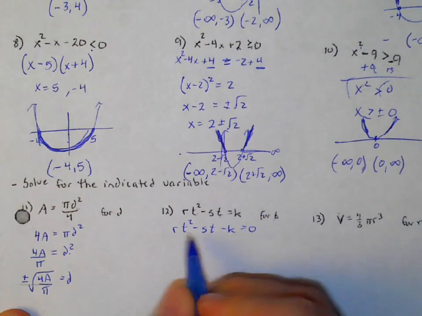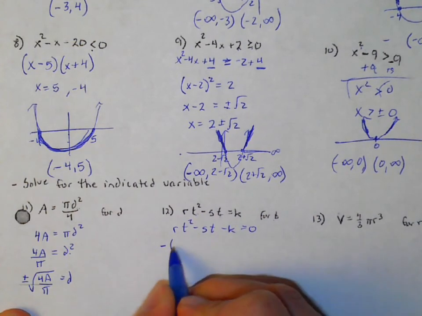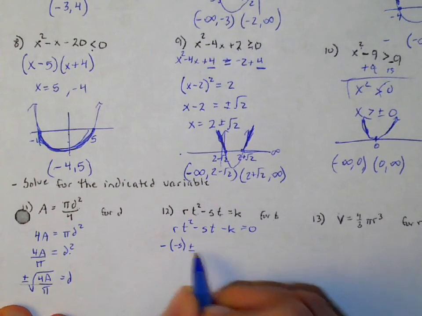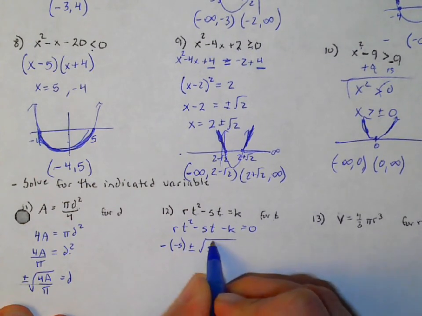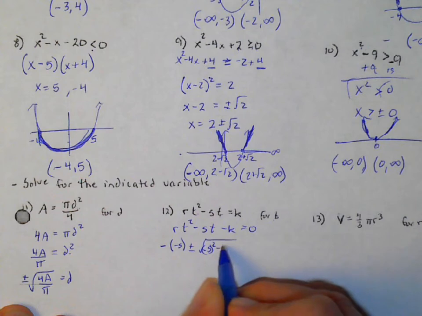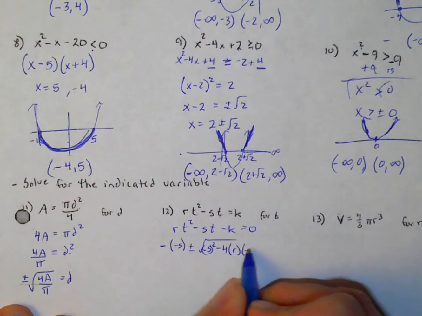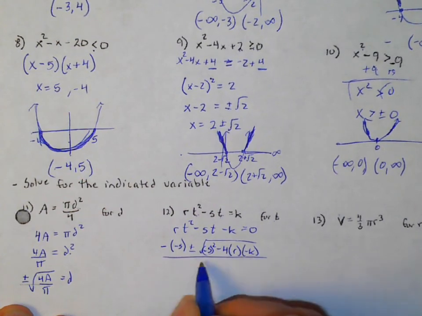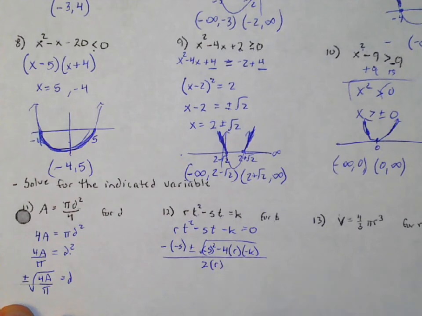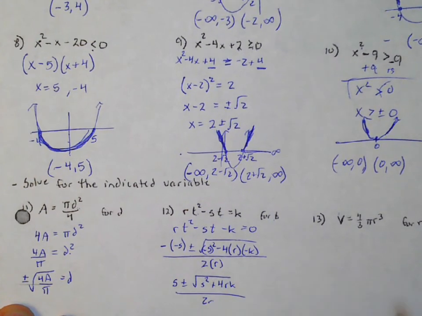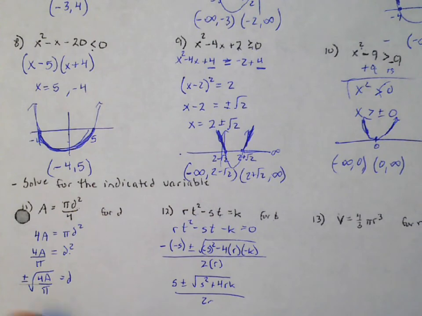So when I plug this into the formula, I have negative b plus or minus the square root of b squared minus 4 times your a times your c, divided by 2 times your a. Okay, and this would be s plus or minus the square root of s squared, two negatives make it positive, 4rk over 2r. And we can just leave it like that because we don't really know what all the things are.